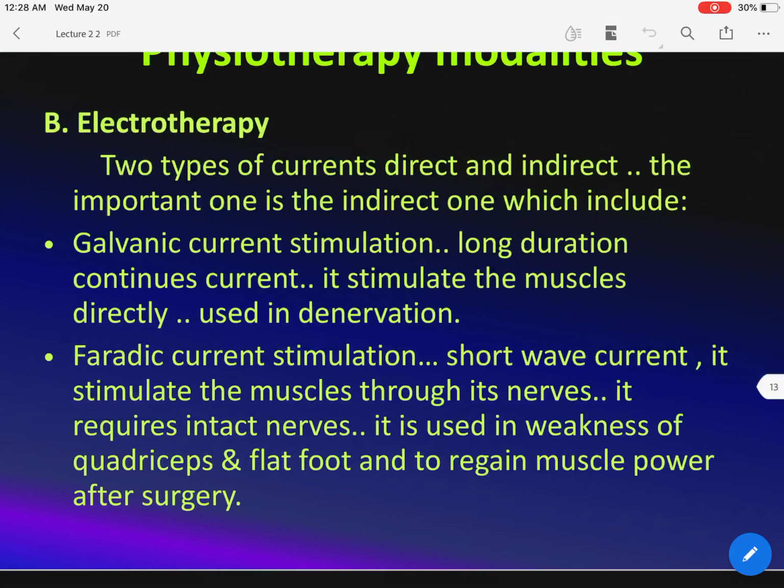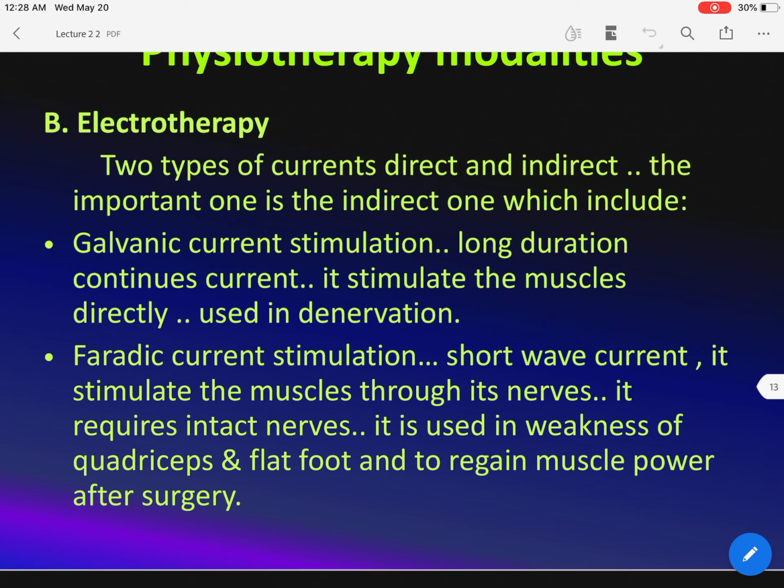The other physical modality is electrotherapy. Two types of currents, direct and indirect. The important one is the indirect one, which includes galvanic current stimulation and Faraday current stimulation. Galvanic current stimulation is a long duration continuous current.